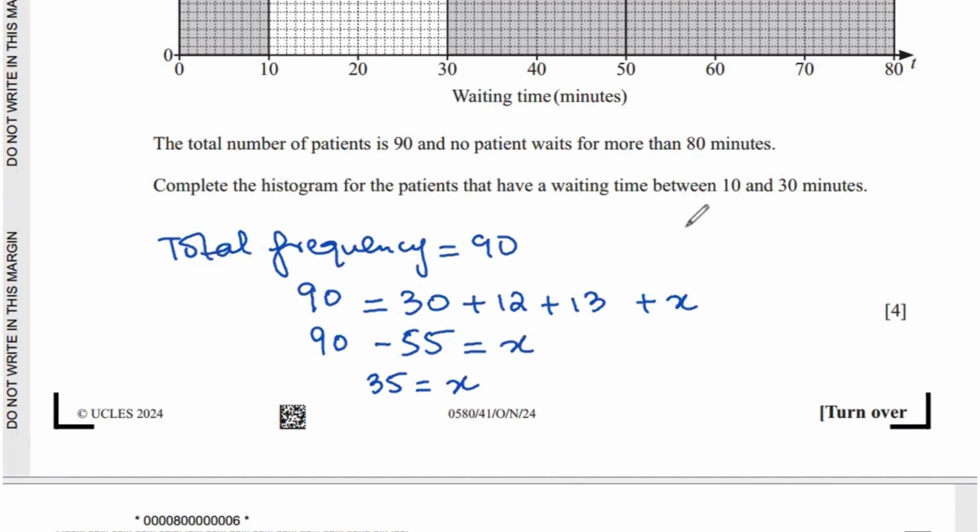So now for 35, which is a frequency, width is 20. So frequency density for that is going to be 35 over 20, which gives us 1.75. So that will be the height of this bar.